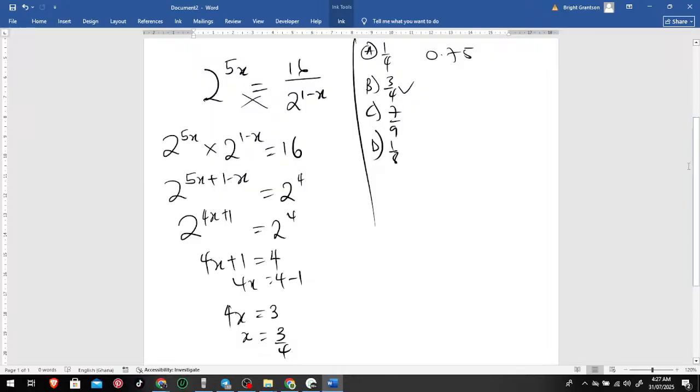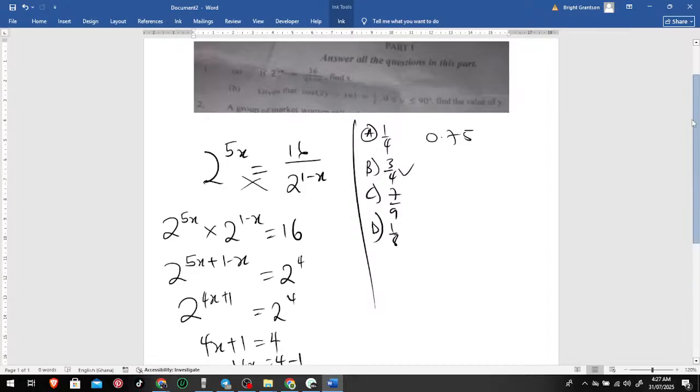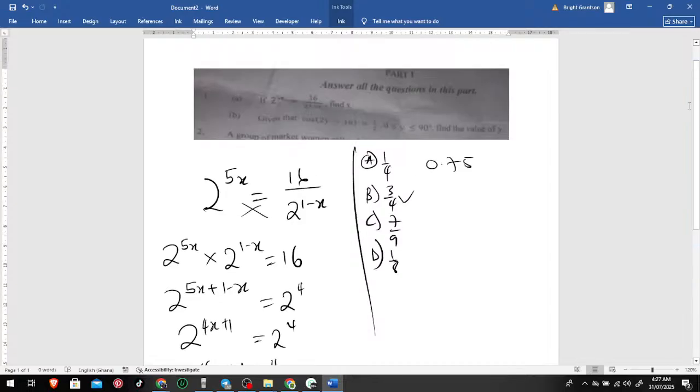So let's look at part B. Part B is talking about trigonometry: cos of 2y minus 16 equals half, in the interval of 0 to 90, meaning it's within the first quadrant.